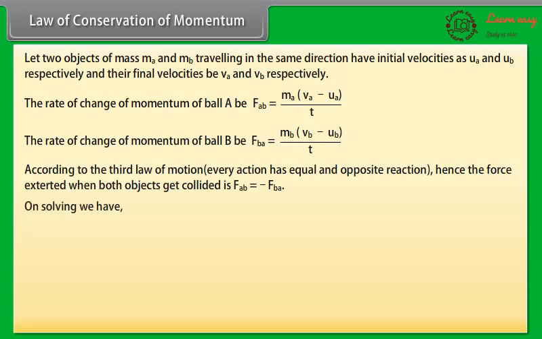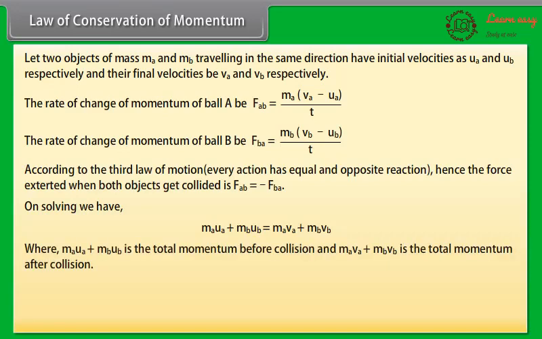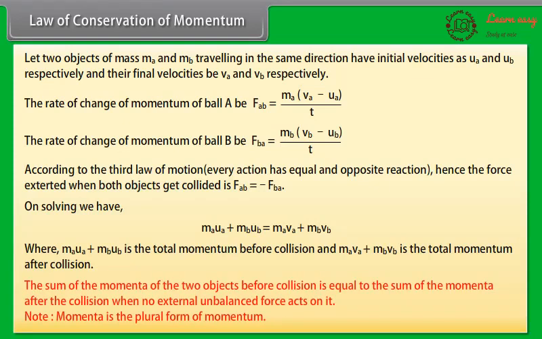On solving, we have mAuA plus mBuB is equal to mAvA plus mBvB, where mAuA plus mBuB is the total momentum before collision and mAvA plus mBvB is the total momentum after collision. The sum of the momenta of the two objects before collision is equal to the sum of the momenta after the collision when no external unbalanced force acts on it.